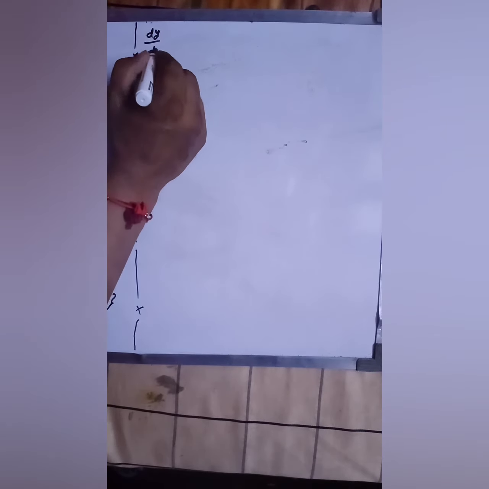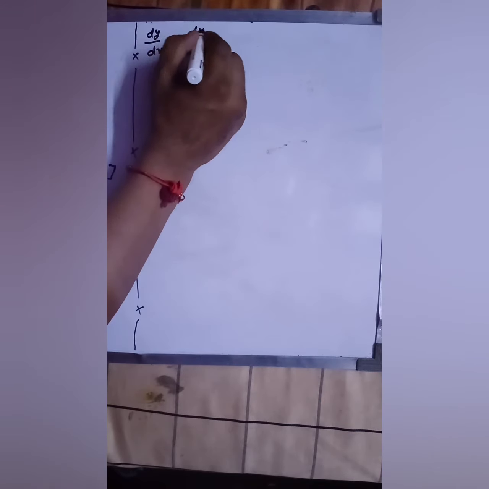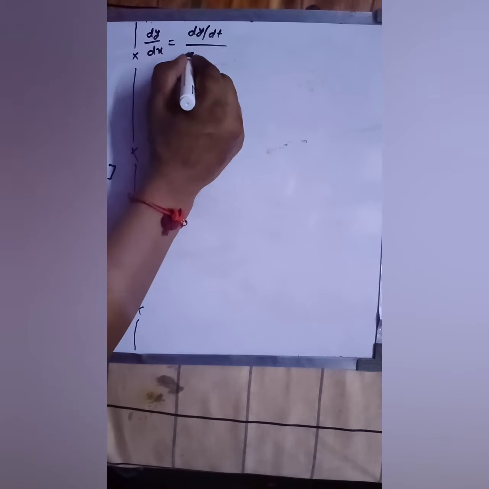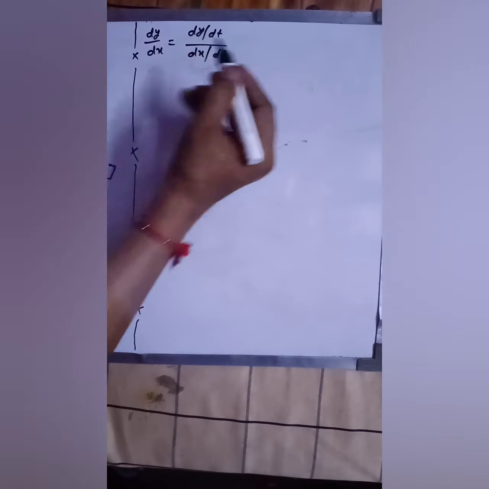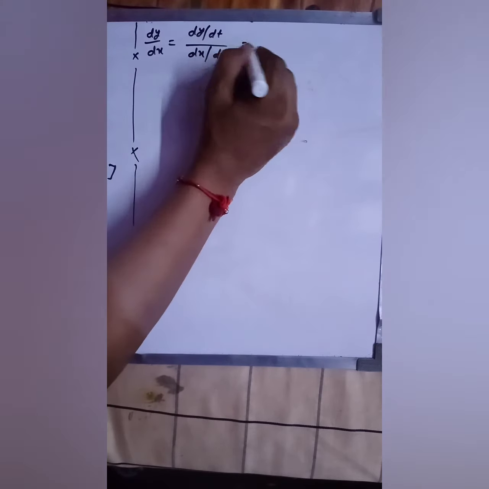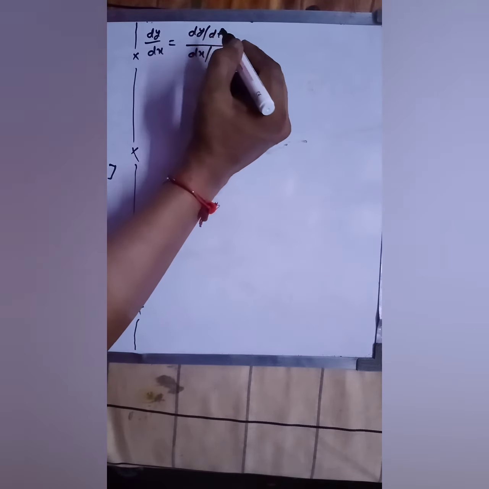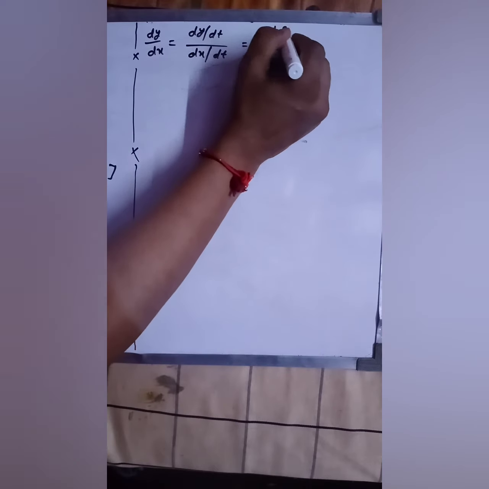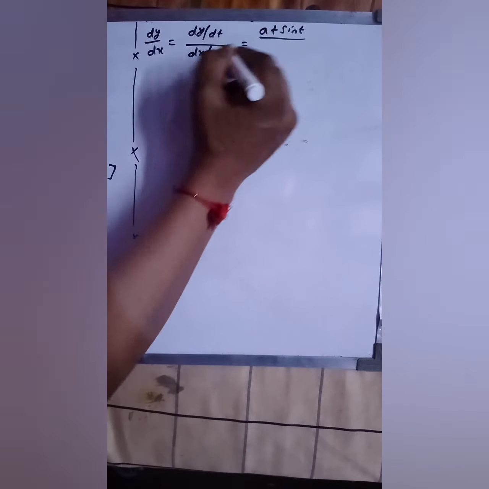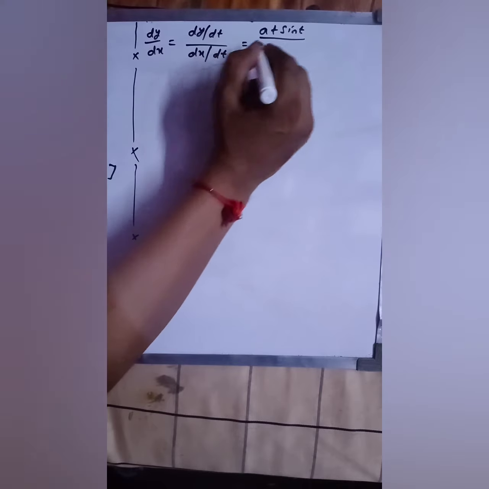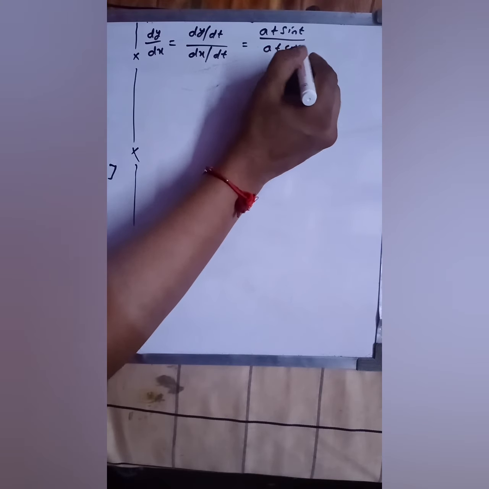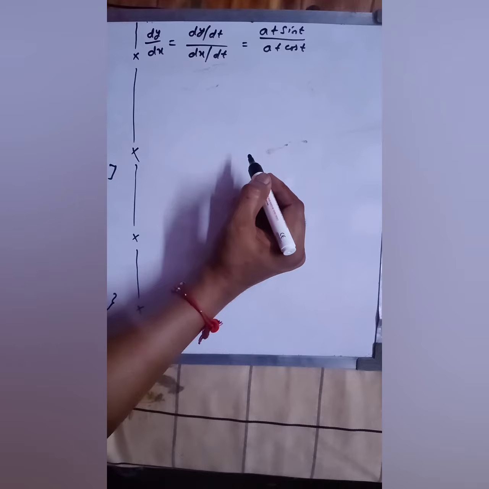Your dy by dx would be dy by dt over dx by dt. This is your formula. So as you know, the value of dy by dt is a t sin t and dx by dt is a t cos t.